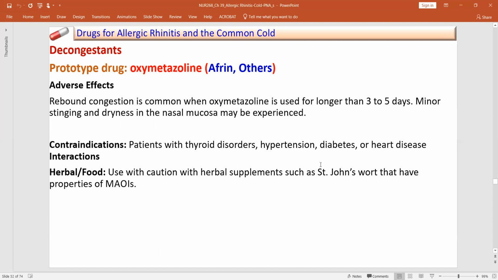This is not very common unless the patient takes a large amount of the medication, like swallowing it. For contraindications, patients with thyroid disorders, hypertension, diabetes, or heart disease should use these drugs only on the direction of the healthcare provider because of the vasoconstriction effect.